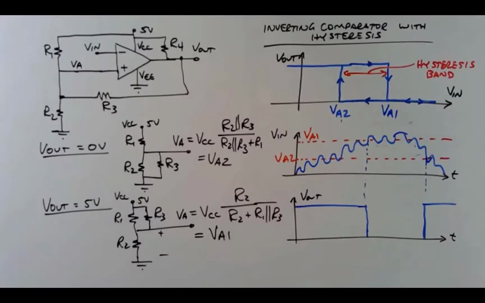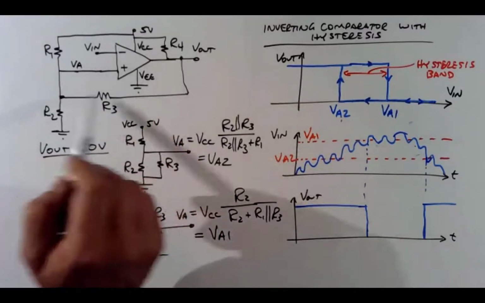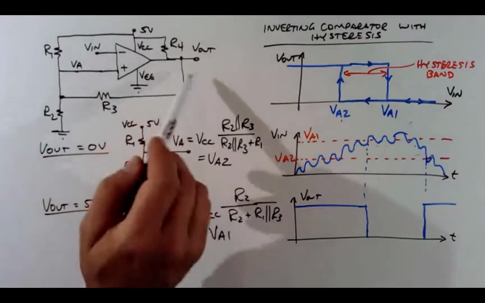So what you could do is, well, wait a minute, you have 3 unknowns, R1, R2, and R3, and you have 2 equations. So you would have to choose a value. Let's say choose R3. You would typically choose R3 to be some big value because you don't want to take a lot of current here and create a voltage divider between R4 and R3.